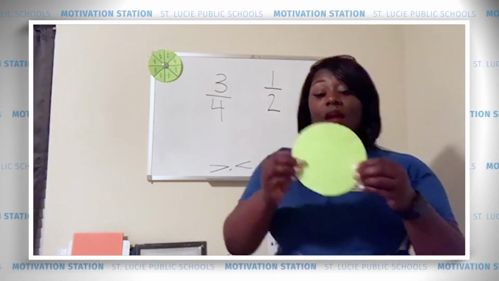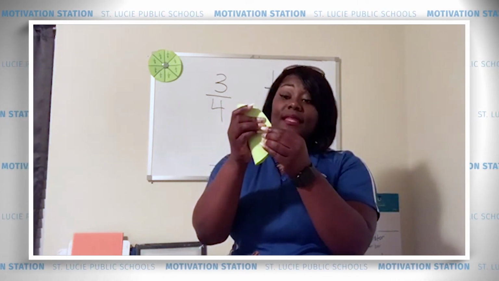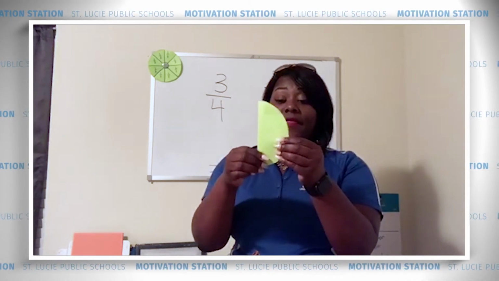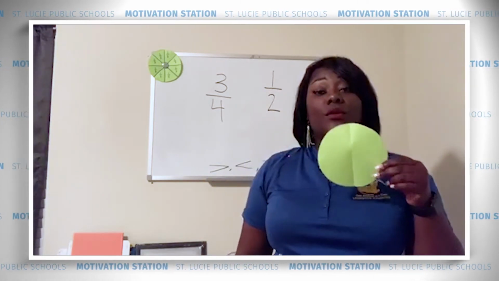Maybe so. So I'm going to go ahead and take this circle and I'm going to fold it in half. I'm going to line up my ends so that they overlap evenly, and then I'm going to press out my fold. And here I have folded the circle in half.